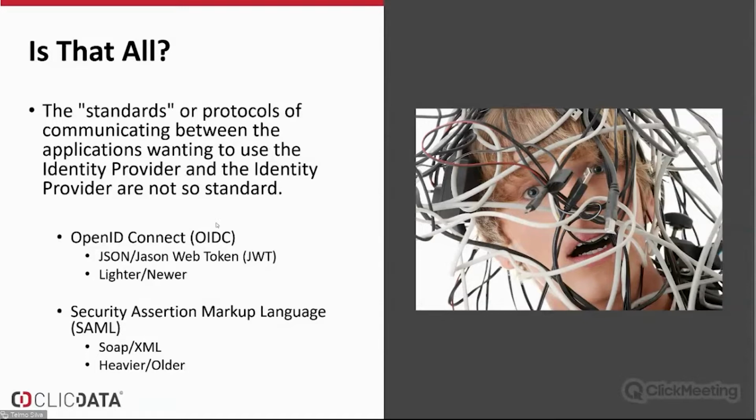And just like any other language, there's syntax and there's formatting, and there's a ton of different standards, as always. Now, back in the days, Security Assertion Markup Language, or SAML, was the big one. It's a heavier protocol. It's a little bit older, but that also means it's more established. It's more prevalent in a lot of systems, okay?